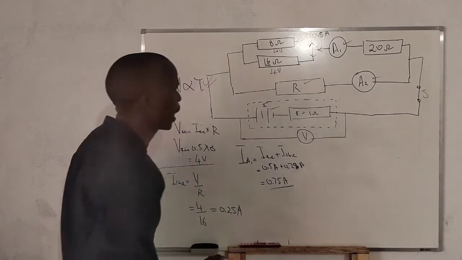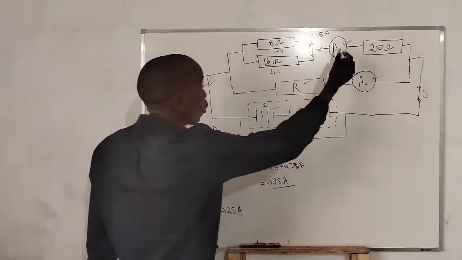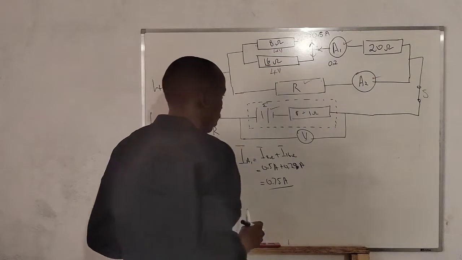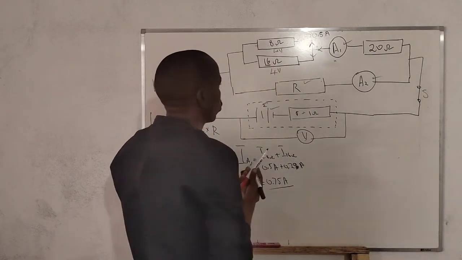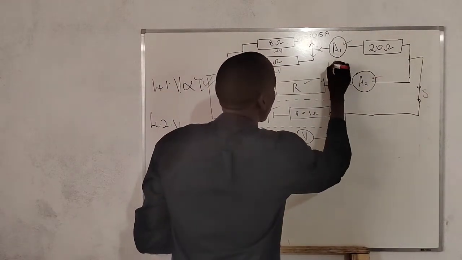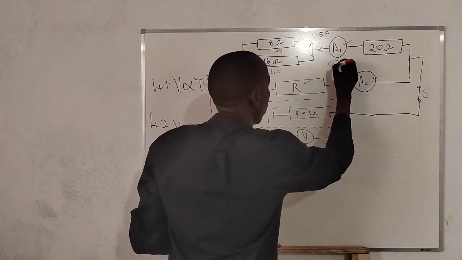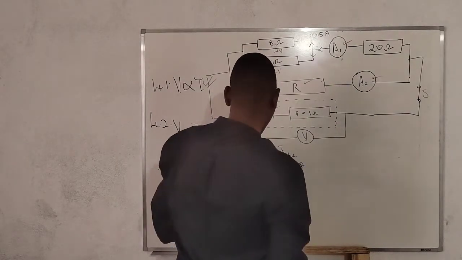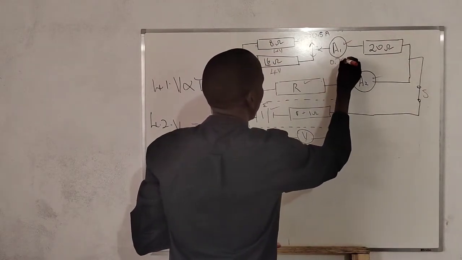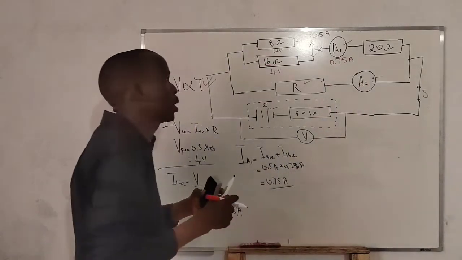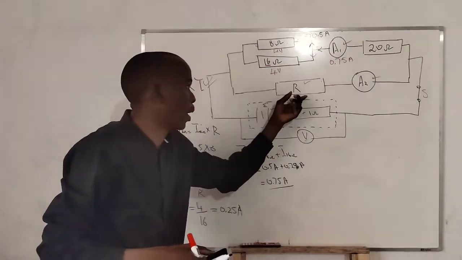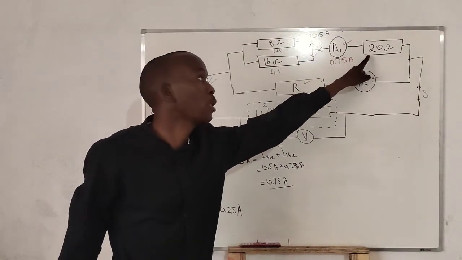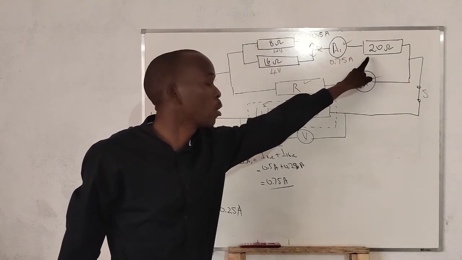So the reading on ammeter A1 is 0.75 amperes. We are solving this circuit this way. If we have to find R, we know that this current is also the current passing through the 20 ohm resistor.